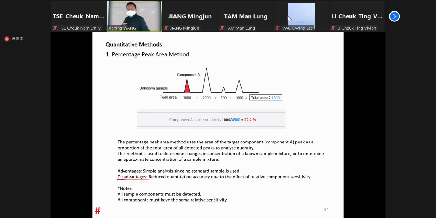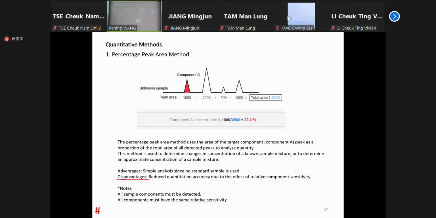So there are several different ways, and the most straightforward way is just to measure the peak area directly. But if every species in your sample has a signal response, and you can measure each compound, the peak area percentage of each compound, you can get the relative quantity.